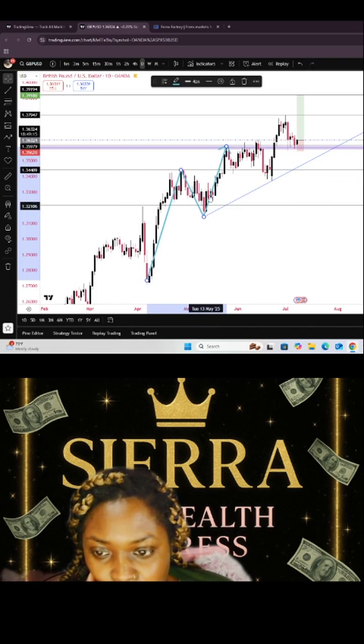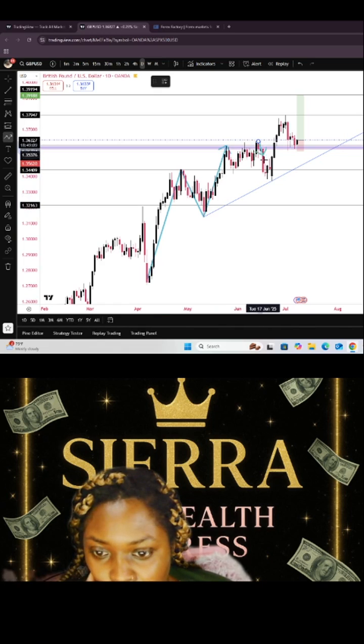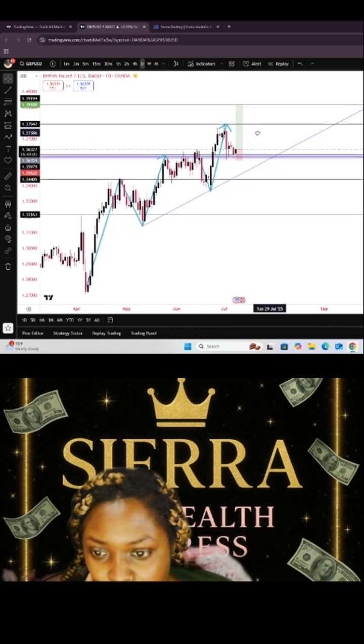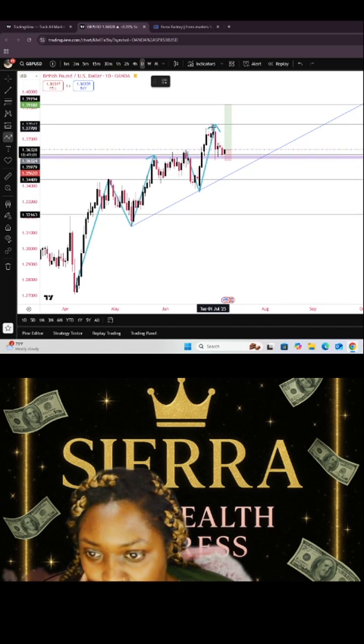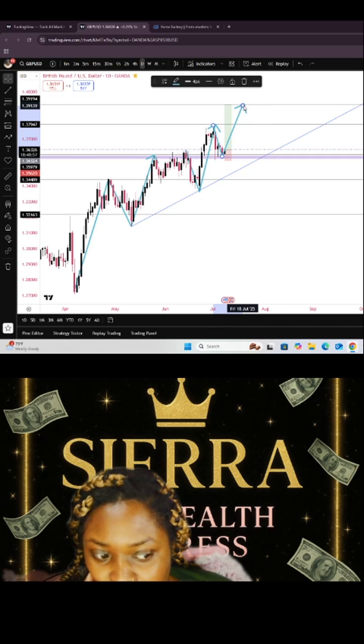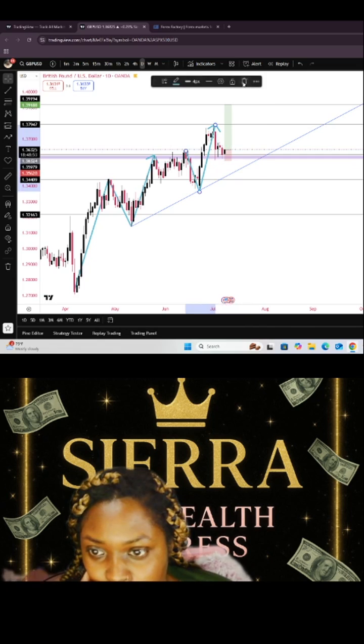And in the continuation, it just starts the next impulse move. Then correction, continuation. So now I have an impulse, I have a correction, and I'm looking for a continuation. Remember I said I was looking for a new higher high, okay?